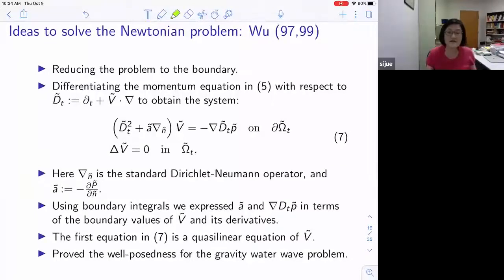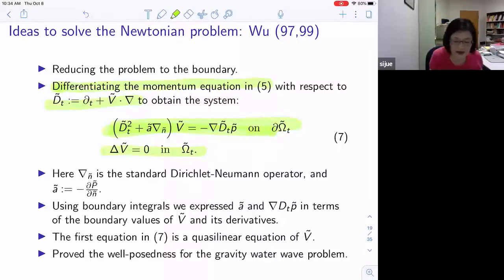And then the key idea is, after differentiating the momentum equation with respect to the material derivative, we obtain a quasi-linear equation, okay. The quasi-linear equation exactly looks like this. Of course, it's incompressible irrotational, so the velocity field satisfies the Laplace equation, okay.